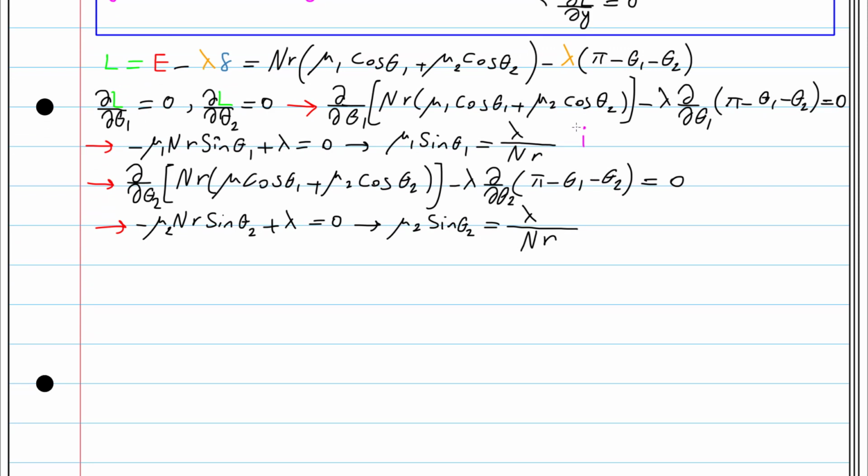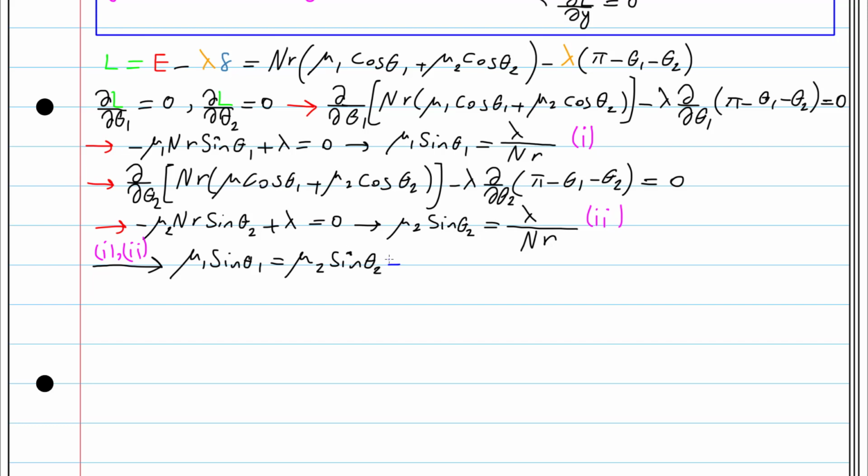We name this equation 1 and this equation 2, and finally from 1 and 2 we have mu1 sine theta 1 equals mu2 sine theta 2.